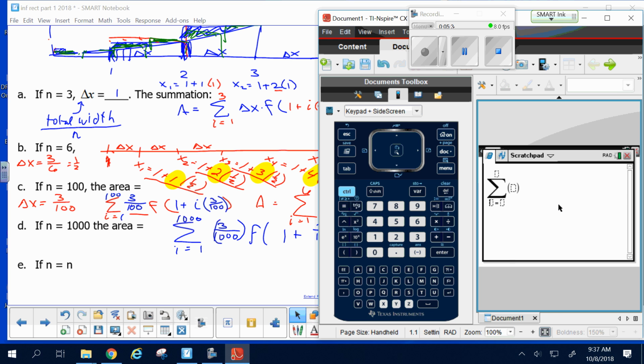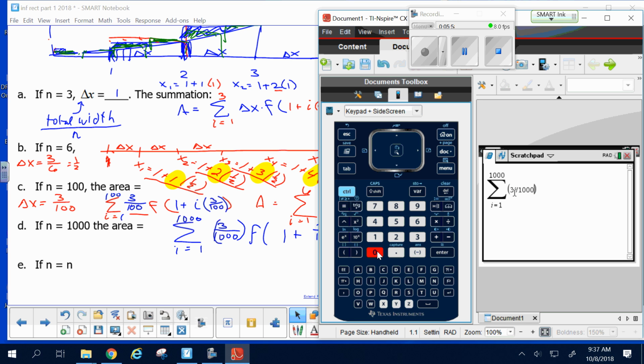So, pick the summation button. Okay? Now, type it in just as you see it. The calculator is beautiful. I equals 1 is our starting value. 1,000 is our next value. In the function, I first need to type in 3 divided by 1,000. I guess you could also use decimals. Divided by 1, 1, 2, 3.